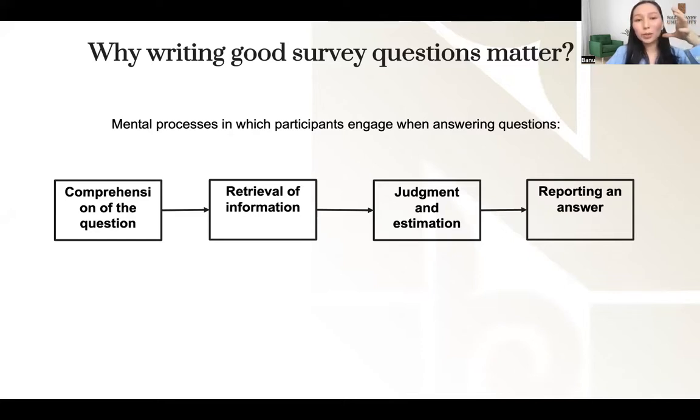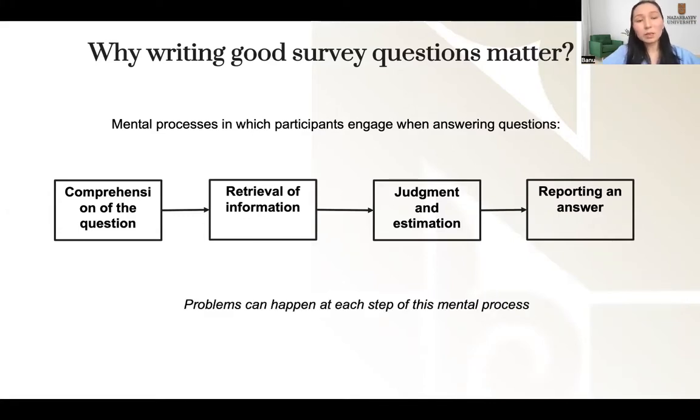Third is judgment and estimation, when they pull out this information from their memory and they have to make a judgment or an estimate, sort of process this information. And fourth is reporting an answer, actually selecting or writing an answer to the survey.